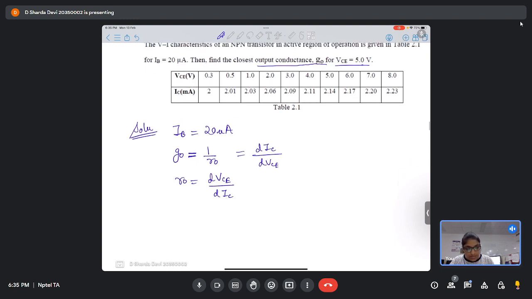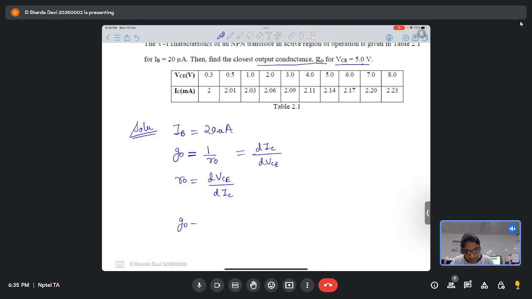What are the values that we will select to find G0? We need to see the differences in currents as well as voltages. Since it is asked at 5 volts, we'll look at one value on this side and one value on that side, the closest of the two, and subtract them, then divide the differences.